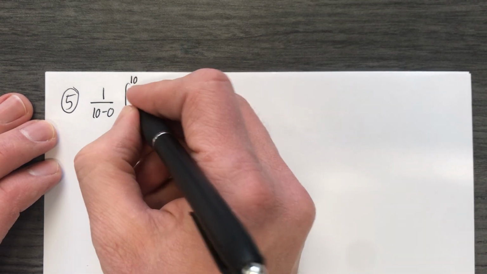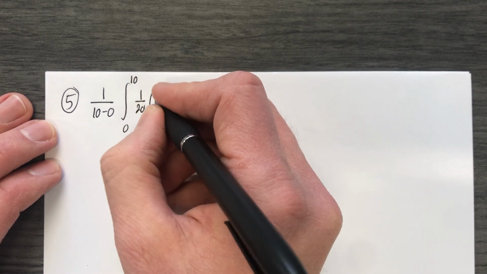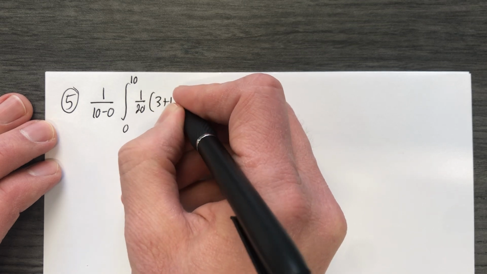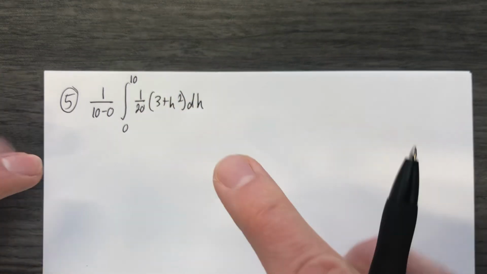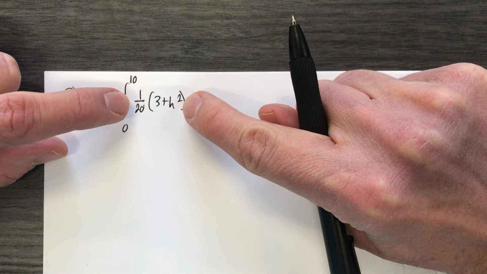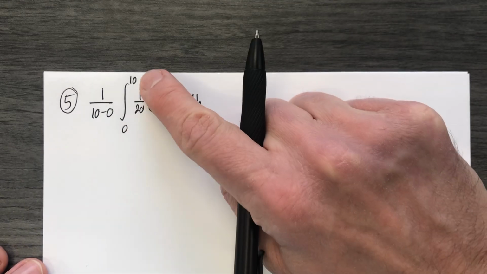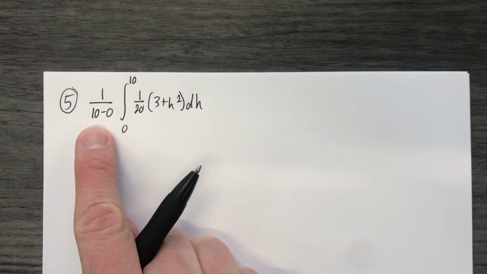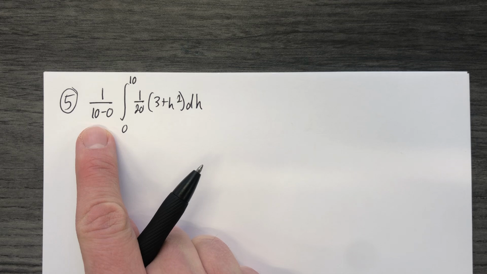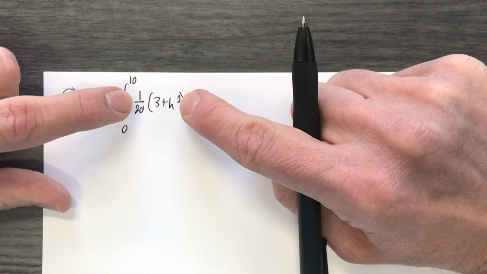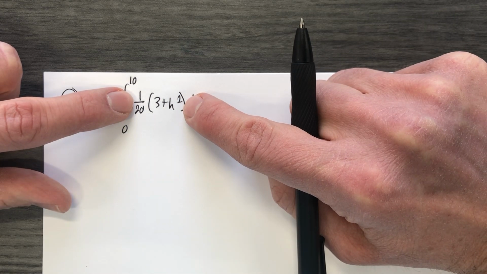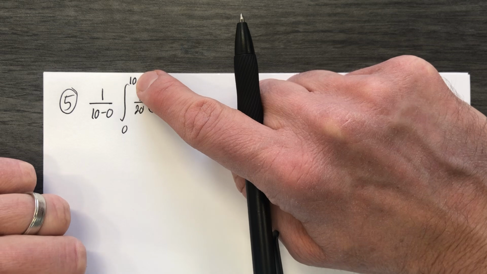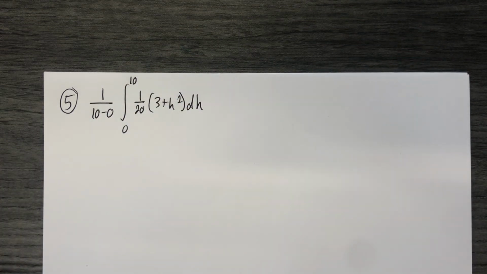And the function we're dealing with is 1 over 20 times 3 plus h squared dh. This is the radius accumulated from 0 to 10, and then we divide that by 10, and it'll tell us our average radius.